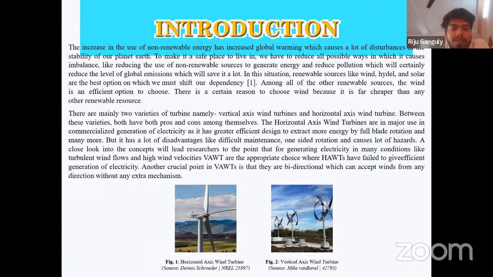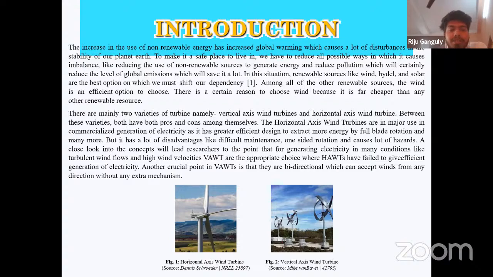In this introduction part, I want to say, sir, that the increase in the use of non-renewable energy has increased global warming, which causes a lot of disturbance in the stability of our planet Earth.